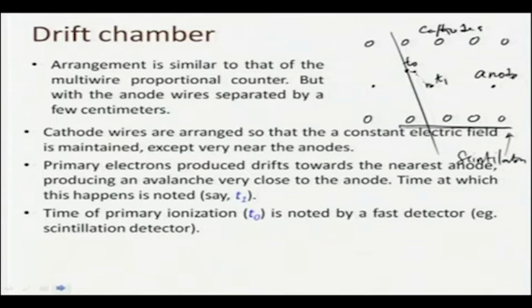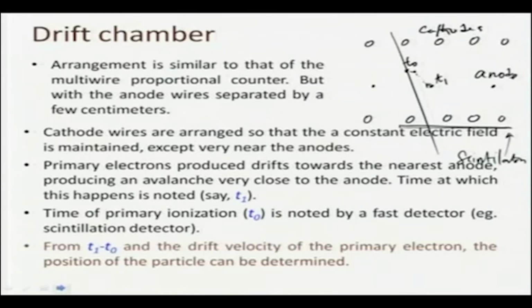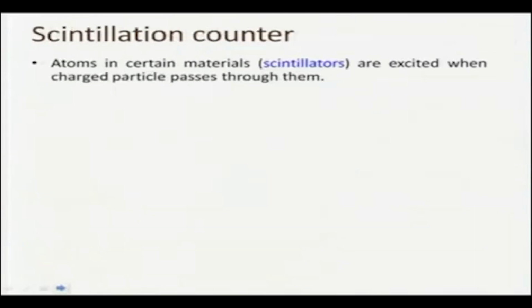Okay. So, the time of the primary ionization is T0 and the time of the avalanche is T1, say. So, from T1 minus T0, the time difference, and the drift velocity of the primary electron, the position of the particle can be determined.